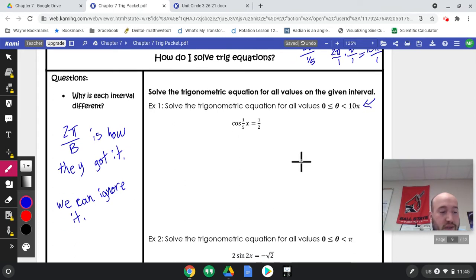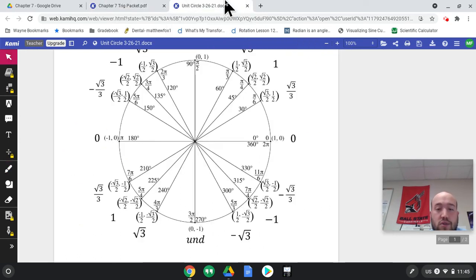Now, in our situation here, the easiest way to figure this out, in my opinion, is to pretend, what if instead of cosine of 1/5 x equals 1/2, it just was cosine theta? So over here, I'm going to write, if we had cosine theta equals 1/2, this is saying that our x value is 1/2. And this is going to occur at 2 points on our unit circle.